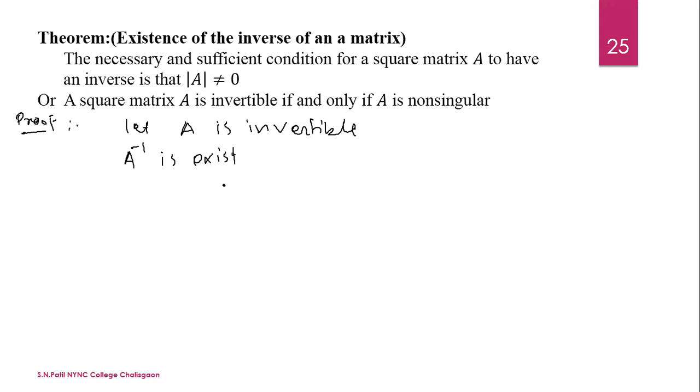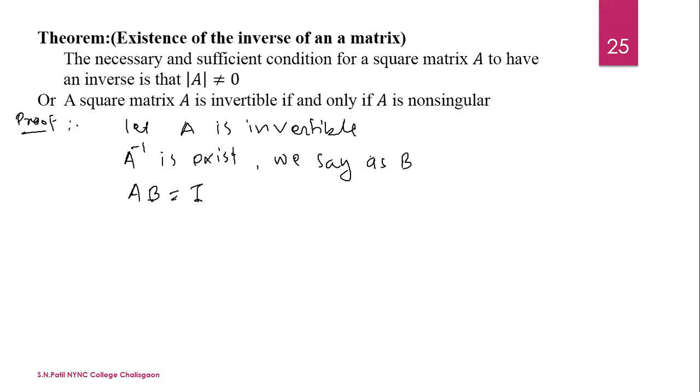Now, if A inverse exists, we call that inverse B. That is, A into B is equal to identity matrix.